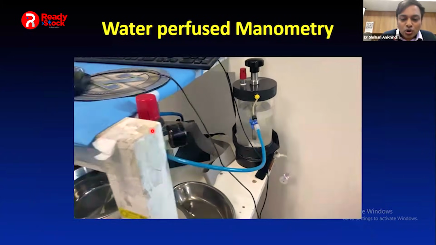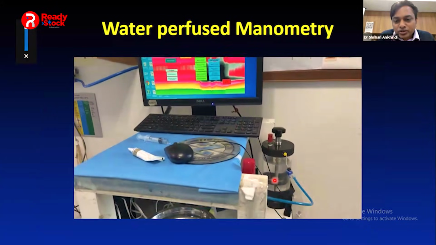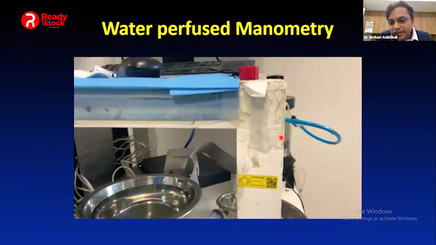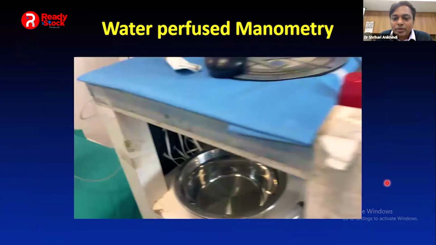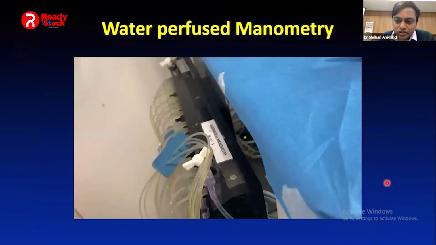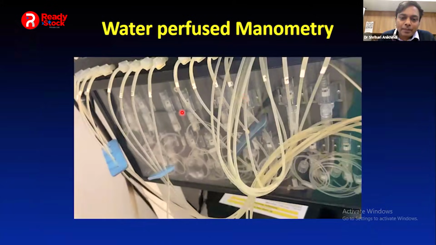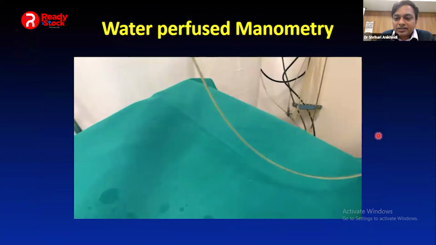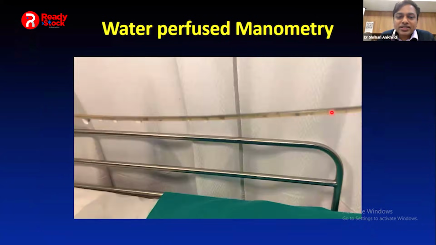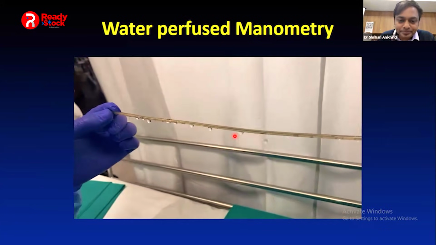Okay. So if you talk of a water perfusion system, every water perfusion system will have a water-containing chamber, and this water is propelled under a certain pressure through a system of capillaries. There is a complex system of capillaries in the machine, all connected to a single catheter, and this catheter has several channels to it.